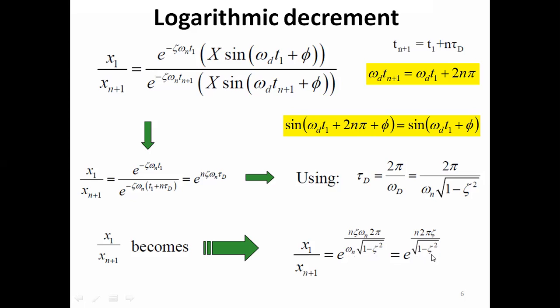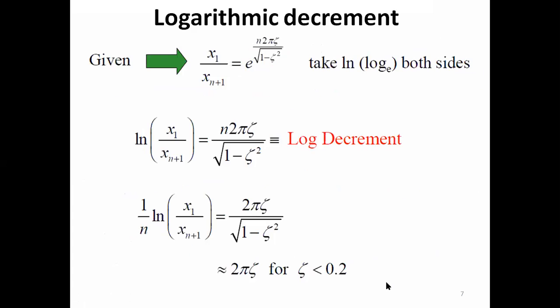So if you look here, what is the target? The target is to find out the equation for zeta. And you could see that zeta here is in the power of an exponential function. How to bring this to the coefficient? The easy way is to take the natural log on both sides of the equation, because here we have e.